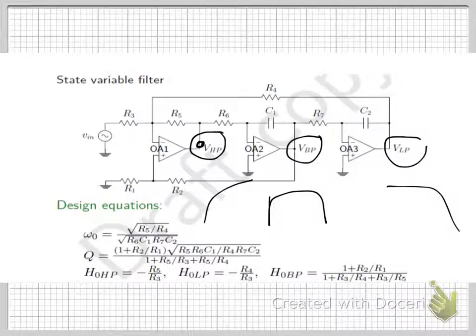So the way you design your state variable filter, as stated again, is just your design equations. And yeah, there's really not much to teach. I just thought that this is a very epic filter because you can have 3 different outputs.